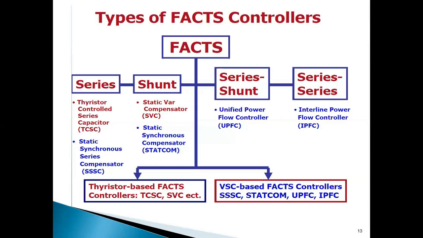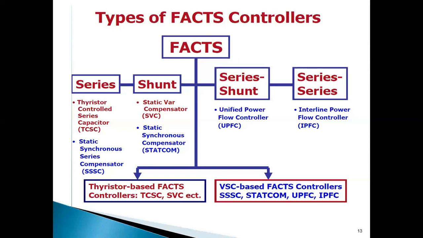And there is another classification. Can you identify it? Are you aware of it? Many of you will be aware of the first classification, but the second one they may not give much attention to. The other way to classify the FACTS controllers is variable impedance type FACTS controllers and voltage source converter based FACTS controllers.